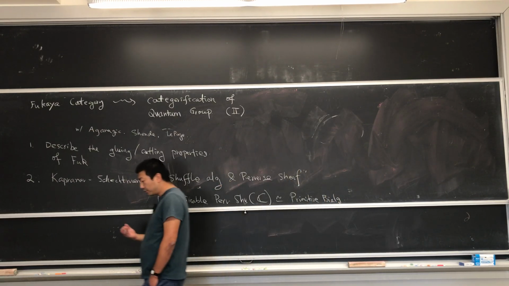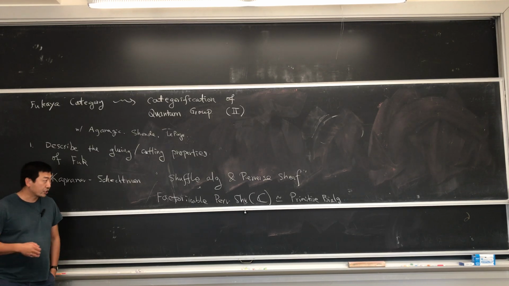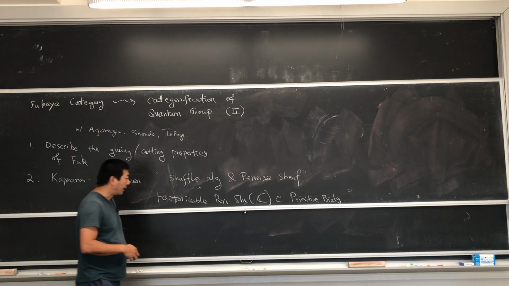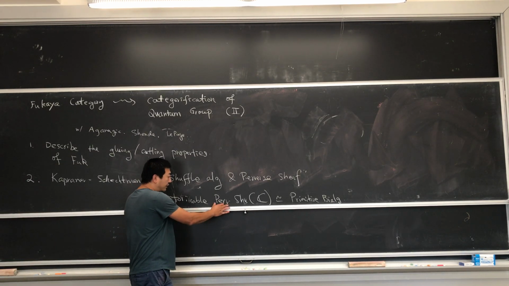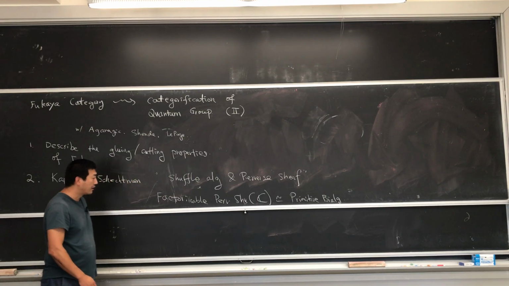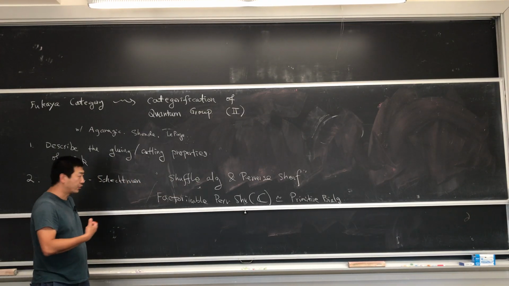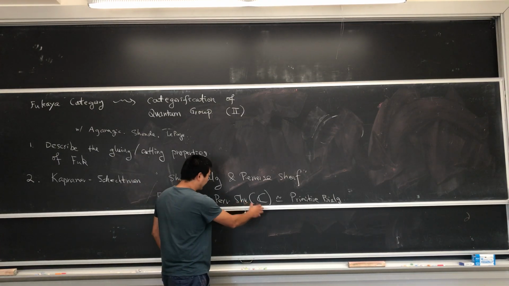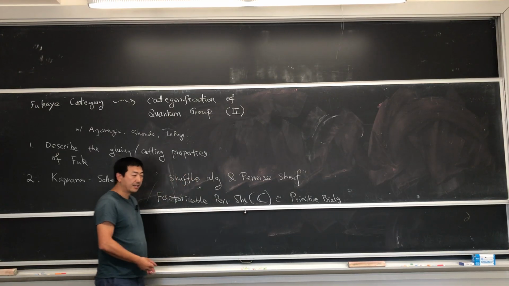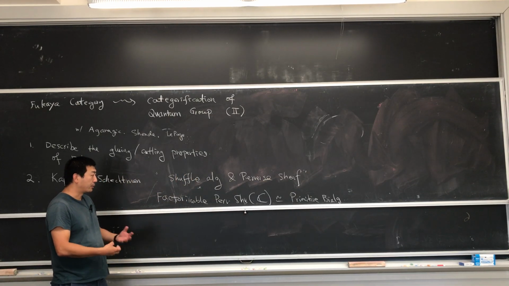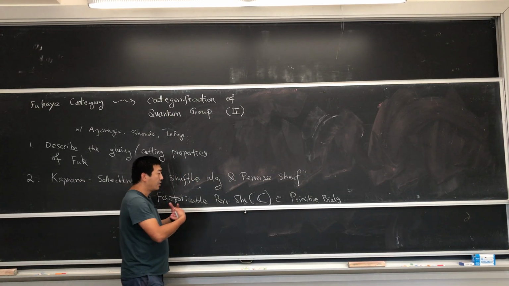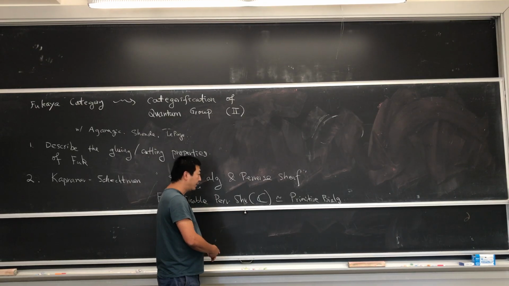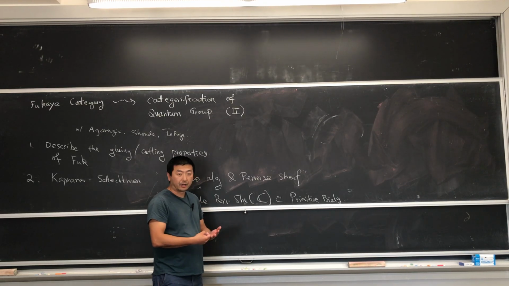And we're hoping to give a categorification of this statement. In particular, we're going to give a definition for what is a factorizable perverse Schober. If sheaf is like some functor with value in vector space, Schober is some functor from some domain category to the category of categories.